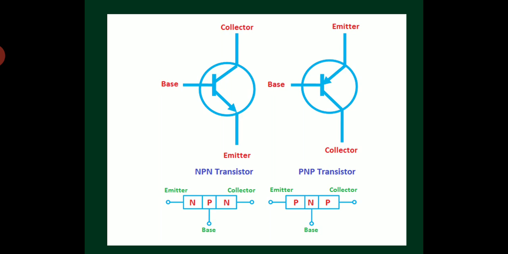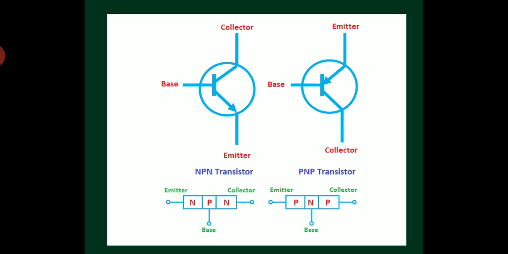Here a P-type semiconductor substrate is sandwiched between two N-type materials, forming three terminals: emitter, base, collector, and it is called an NPN transistor. Similarly, if an N-type semiconductor is sandwiched between two P-type semiconductor substrates, it also forms a three-terminal transistor, and it is PNP type.